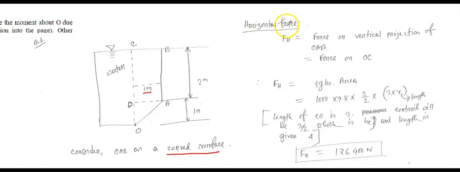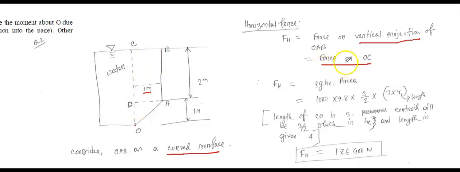So I'm not going to explain how to calculate it, but we created a vertical projection here. The horizontal force in this case will be the force on the vertical projection of this wall OAB. The vertical projection is OC, so this is the force on OC.